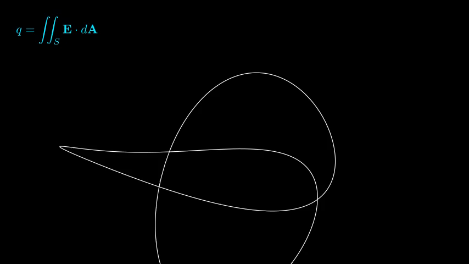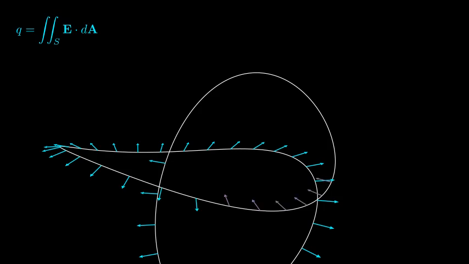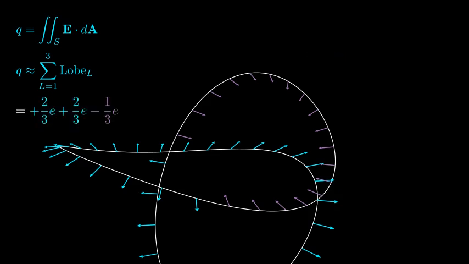Now, observe the electric vectors. The trefoil topology naturally partitions into three distinct geometric lobes. To find the total charge, we convert the double surface integral into a summation over these three fractional sectors. The first two lobes point outward, yielding positive 2/3 e twice.